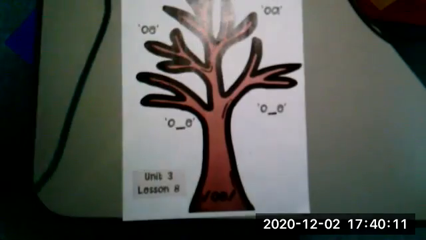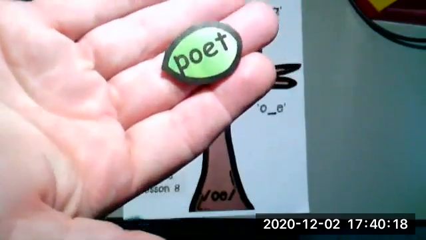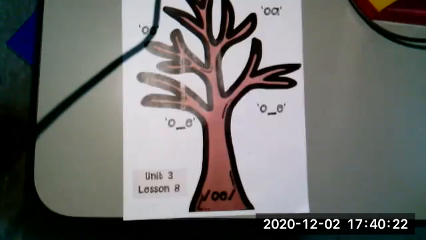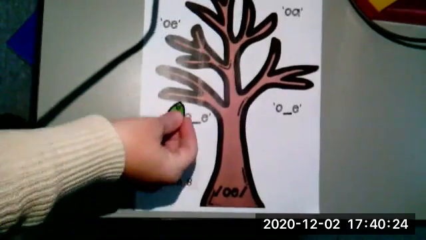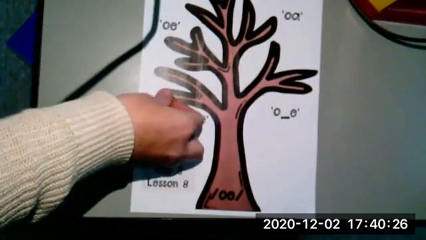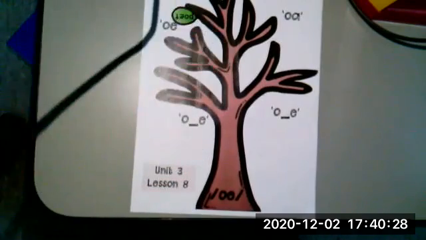Can you see the word? Poet. That is not going to work, is it? Better? There we go. Poet. Where is that word going to go? It's going to go with the OEs. Oh, oops, wrong side. Up here. OE.